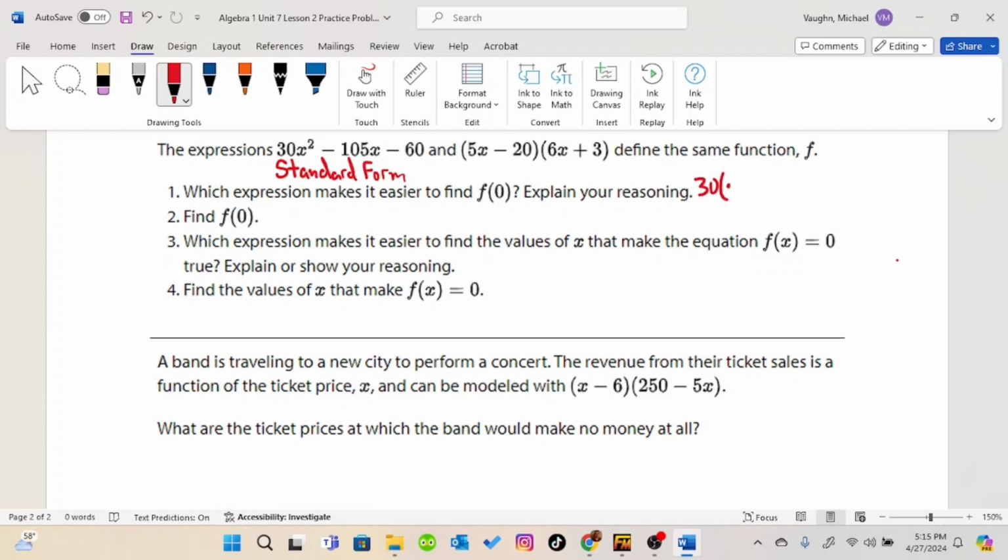So 30 times 0 squared minus 105 times 0 minus 60 equals negative 60. So standard form is great for finding the y-intercept. Number 2, find f of 0. That's what I just did here.